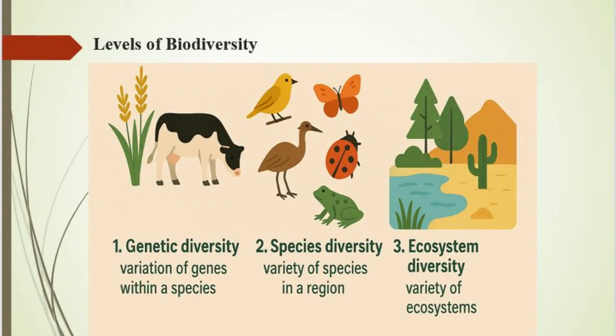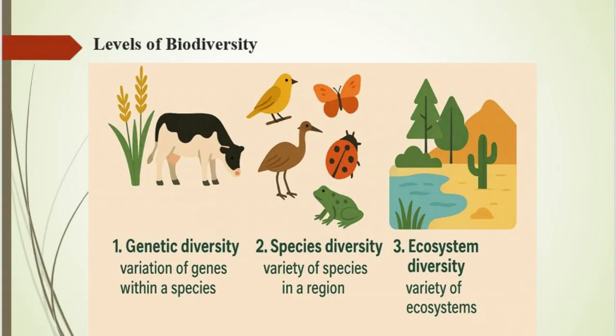2. Species diversity. Species diversity refers to the variety of different species living in an area. Example: a grassland may contain grasses, rabbits, birds, insects, foxes. The greater the number of species, the higher the species diversity.